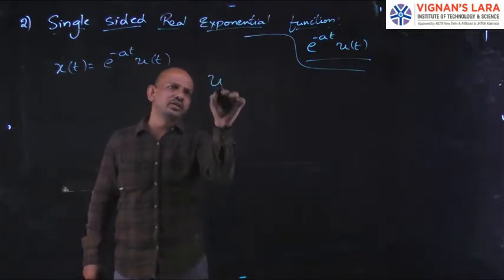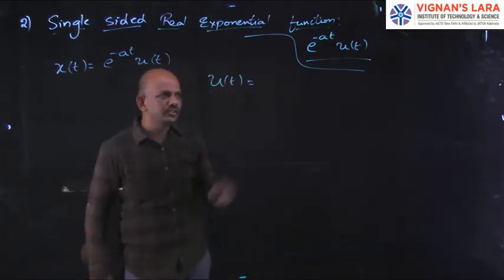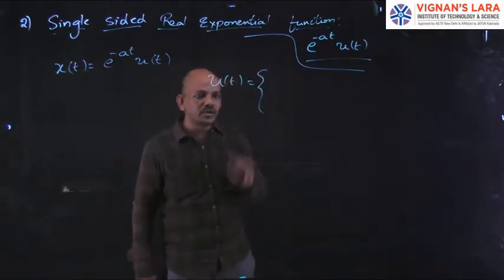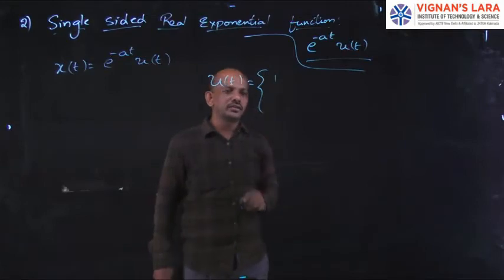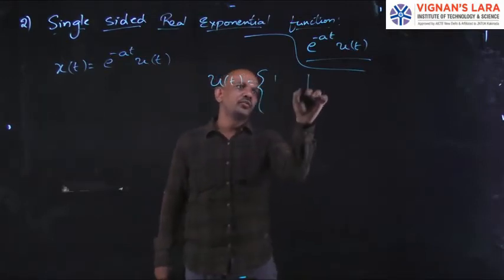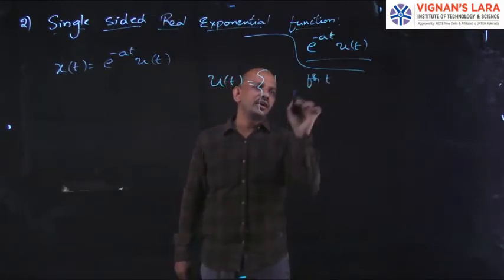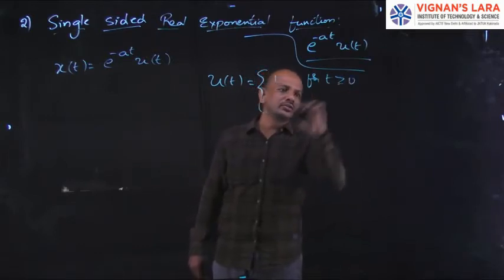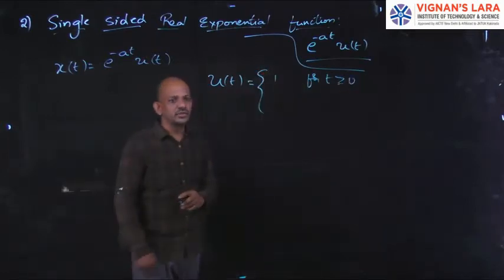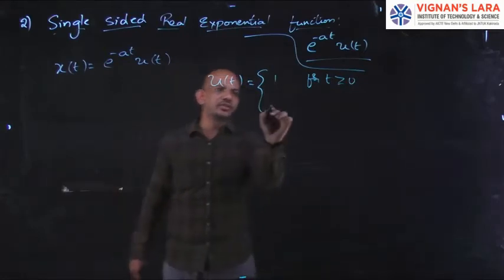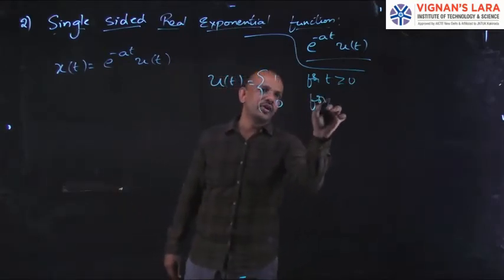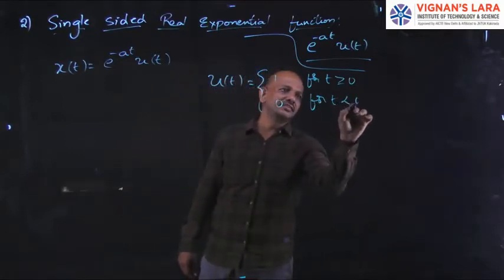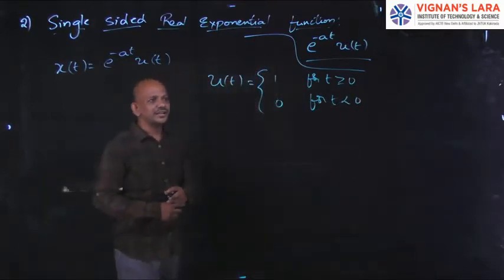We all know that u of t will be equal to 1 for t greater than or equal to 0, and u of t equal to 0 for t less than 0.